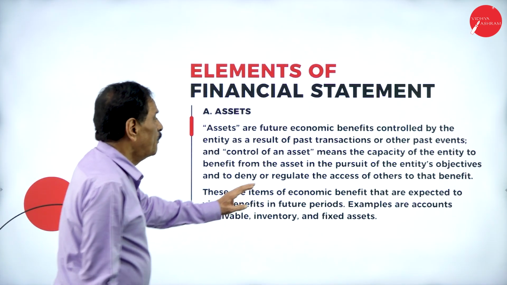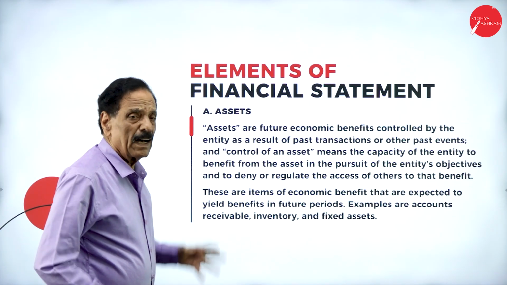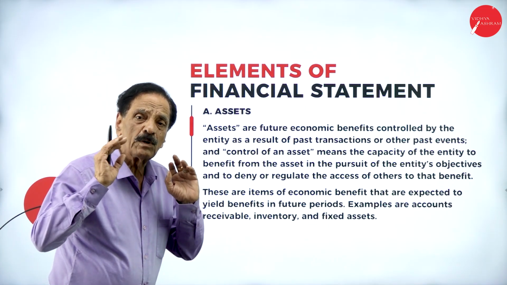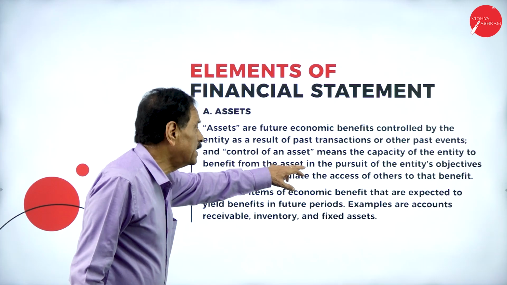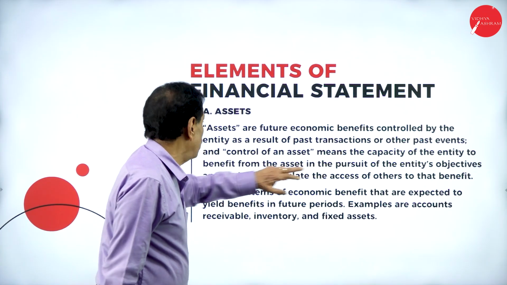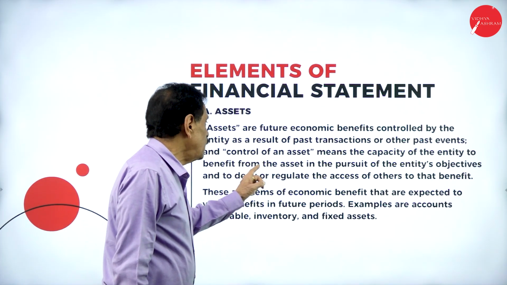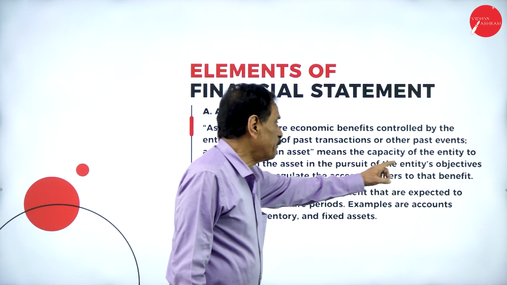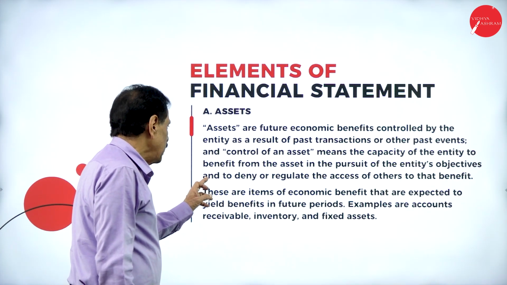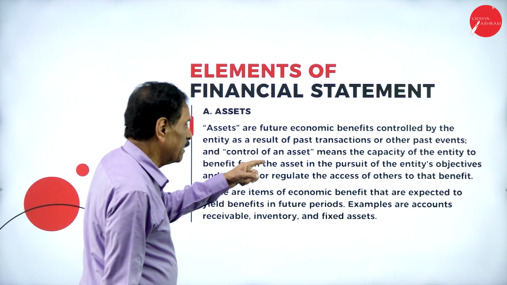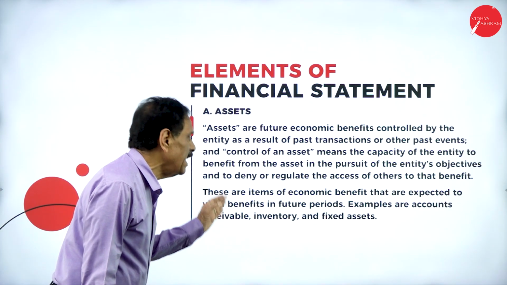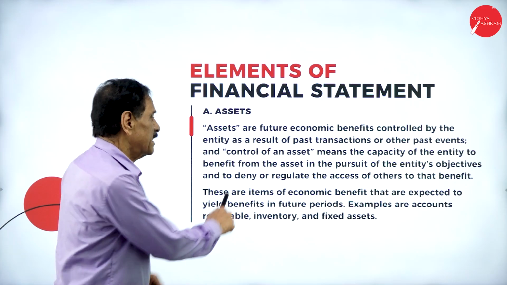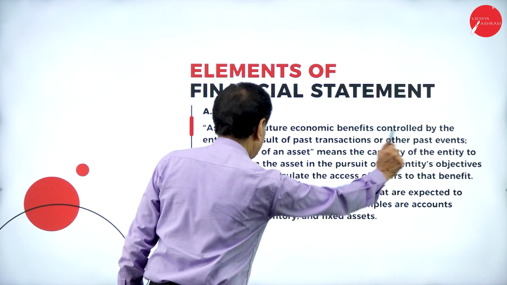Assets are future economic benefit. An asset is the property owned by the businessman, controlled by the entity as a result of past transactions or other past events. Control of an asset means the capacity of the entity to benefit from the asset in the pursuit of the entity's objectives and to deny or regulate the access of others to that benefit.